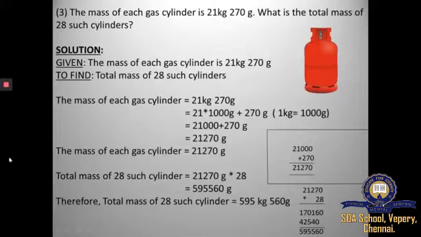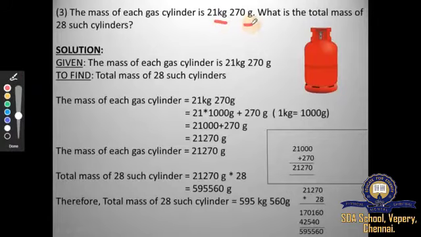It is in gram, but in the question they have given in kilogram as well as in gram. So we will convert it into kilogram and gram. Therefore, total mass of 28 such cylinders is equal to 595 kilogram and 560 gram. Here we are converting to kilogram and gram.